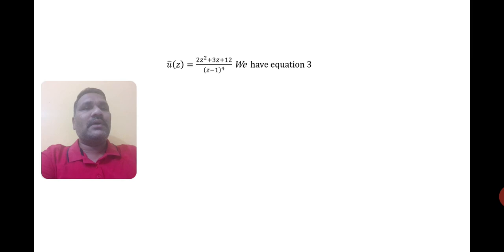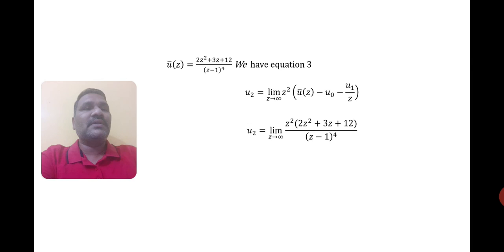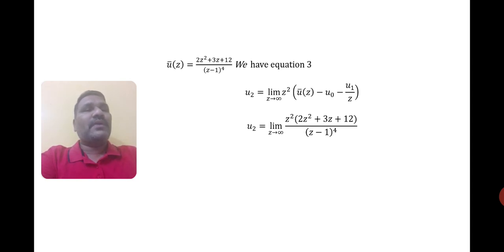Now we try to find u2. u2 is given by the limit as z tends to infinity of z² times (ū(z) − u0 − u1/z). Here ū(z) is (2z² + 3z + 12) over (z − 1)⁴. The u0 value is 0 and the u1 value is 0, so they are not going to contribute.